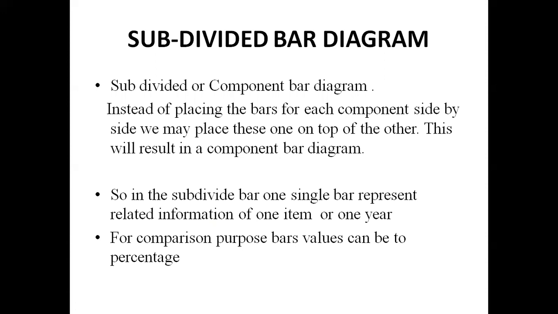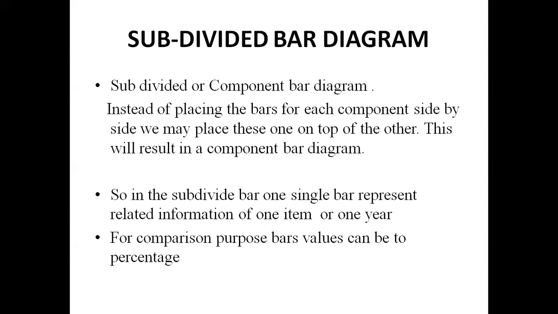Here also the length differs from one bar to another, but the width is the same for all the bars. For comparison purposes, these values can be converted into percentages also. Sometimes subdivided bar diagrams are converted into percentage bar diagrams. Therefore this is for the purpose of comparison only.